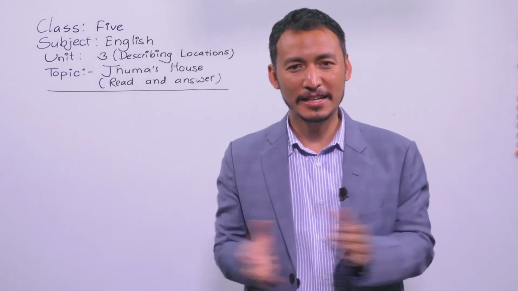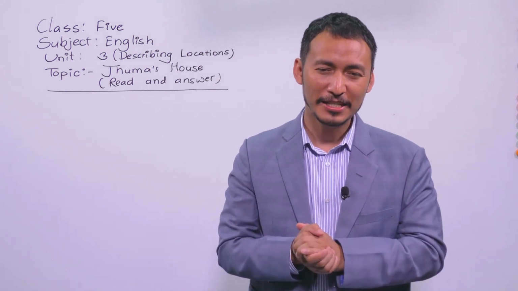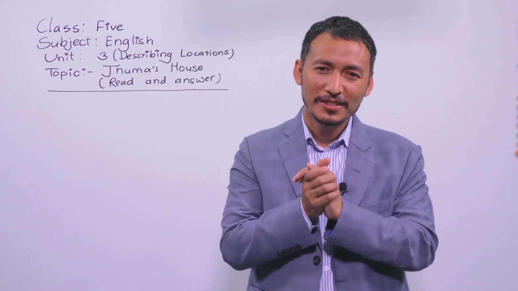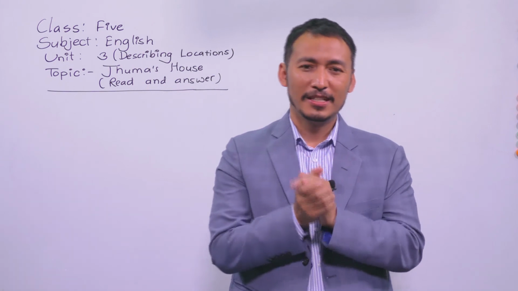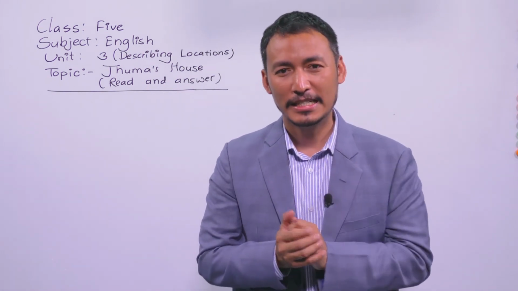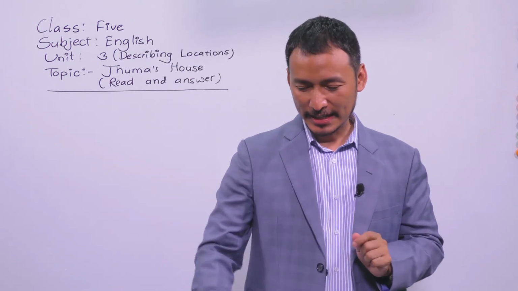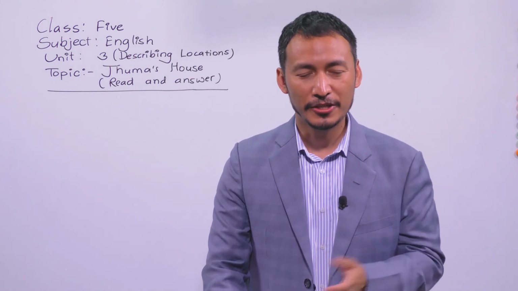So where are they located? Can you now describe them? Yes, you can, right? Some are below, some are between, some are along. So these are the prepositions of location. You can use them to describe where things are. Okay, this is the text or story from your book.